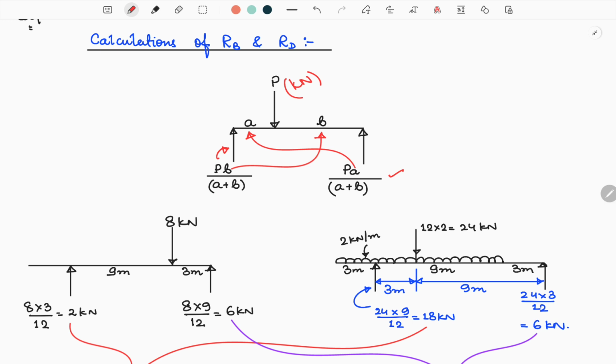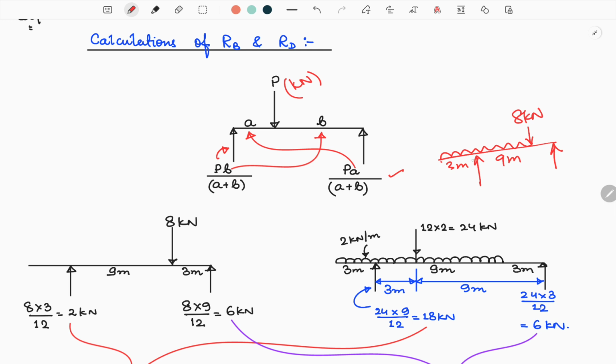So in the given question there are two loads, as we have discussed. From 3 meter to 9 meter we have UDL, and at 9 meter we have a point load of 8 kilonewton.